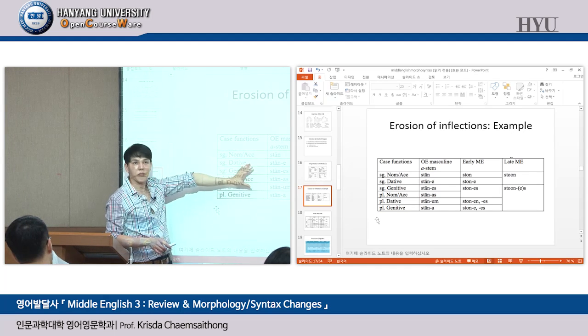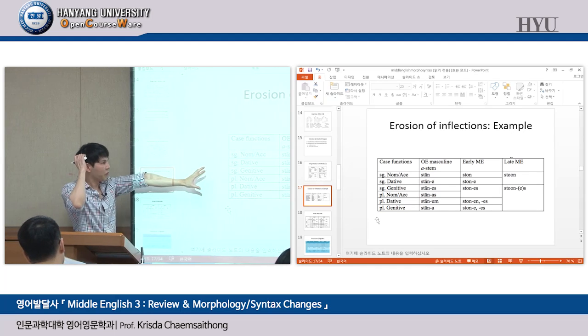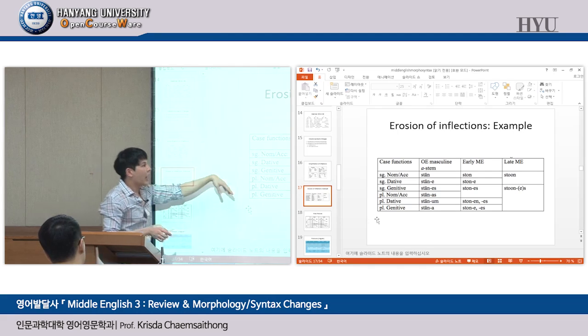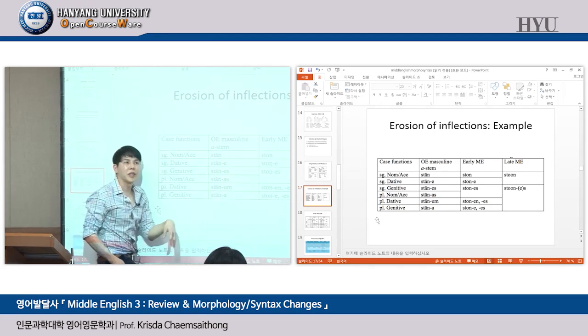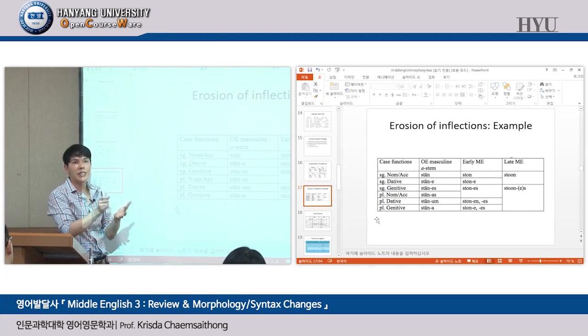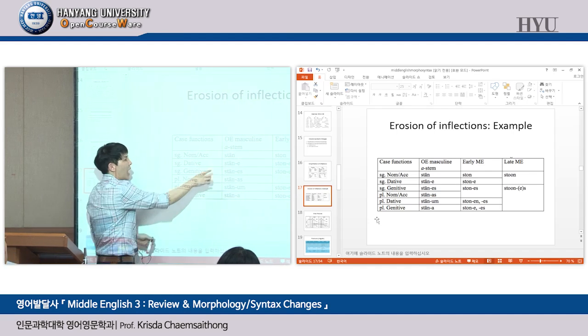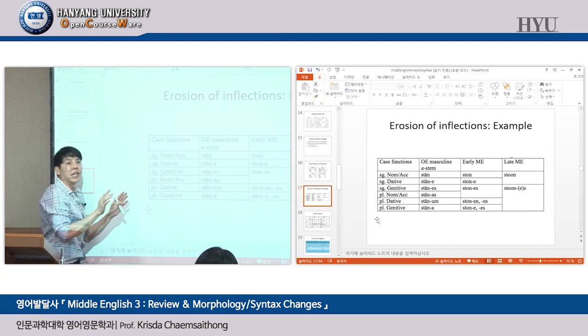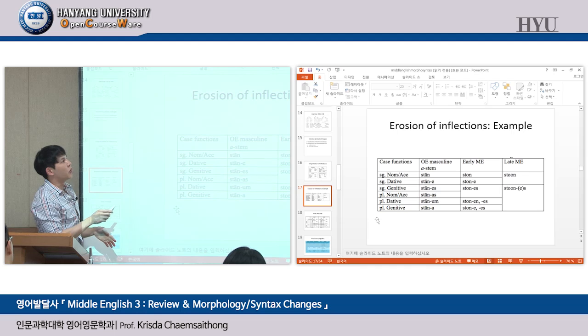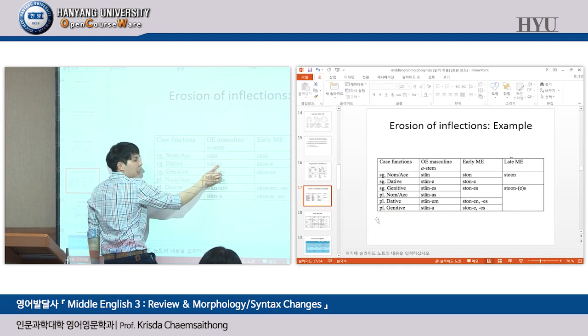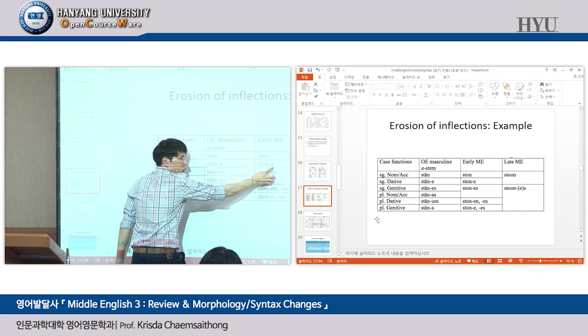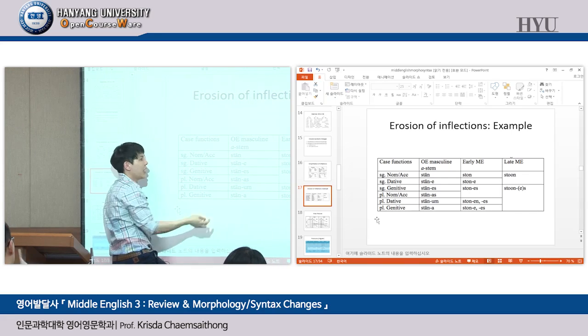So we know that from our Old English knowledge. Now in Early Middle English, in addition to spelling changes and sound changes, R to O like this, there is this erosion of inflection to schwa. So here E is pronounced as a schwa, but written as an E.